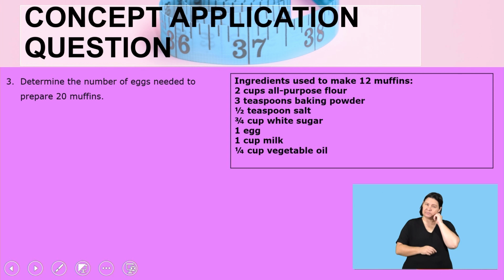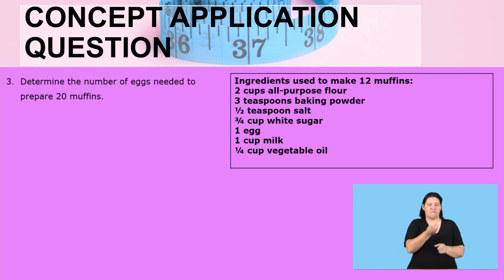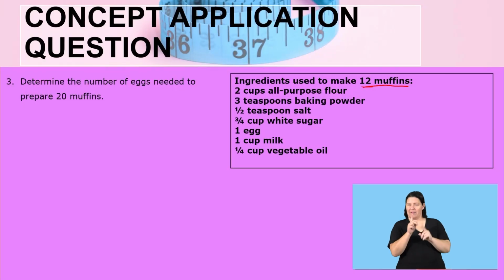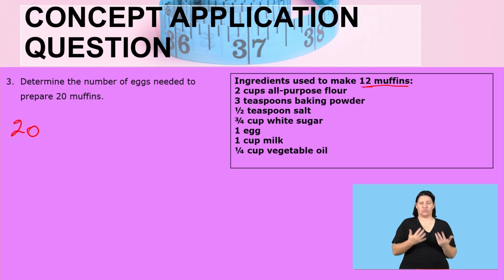Let's continue with the third question, still based on this very same recipe. Determine the number of eggs needed to prepare 20 muffins. So for us to determine how many eggs will bake 20 muffins, we check the number of muffins which was given. We say 20 muffins, and then we divide by 12 muffins.